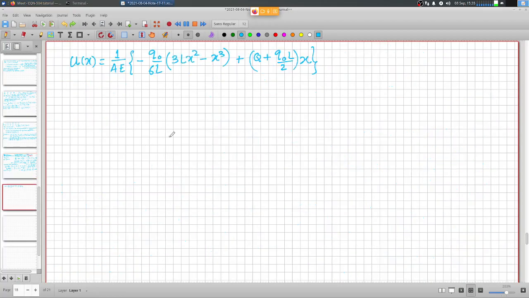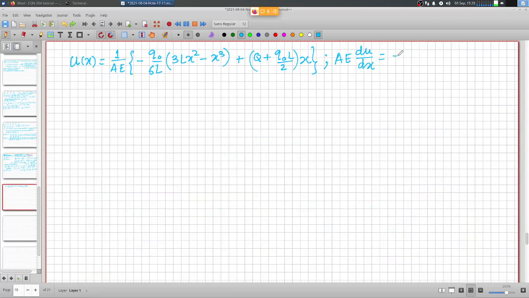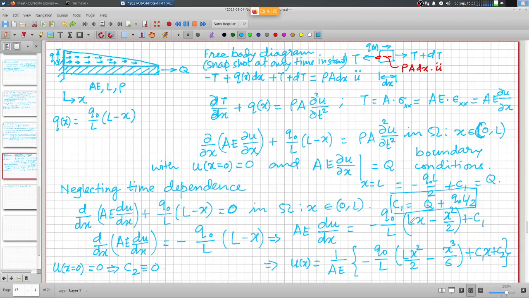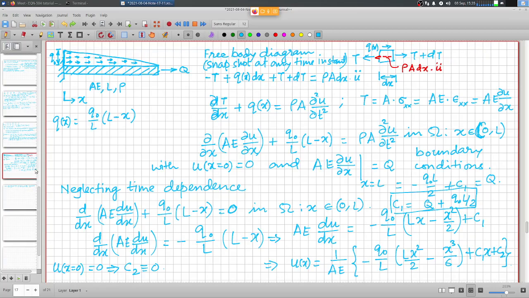At the same time, it is instructive and convenient to preserve the other quantity that will be of interest, the secondary variable variation, which is equal to minus Q0 by L times Lx minus x square, plus C1, and C1 is Q plus Q naught L by 2.